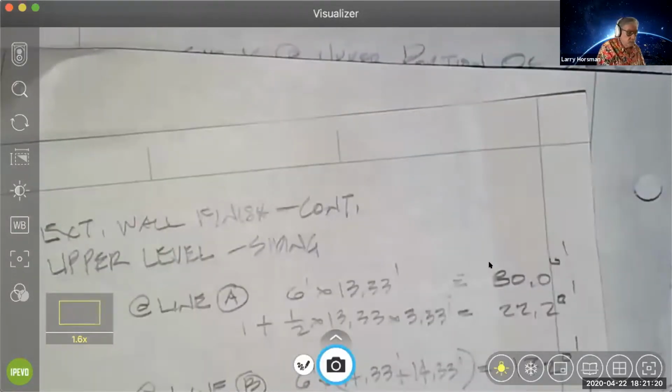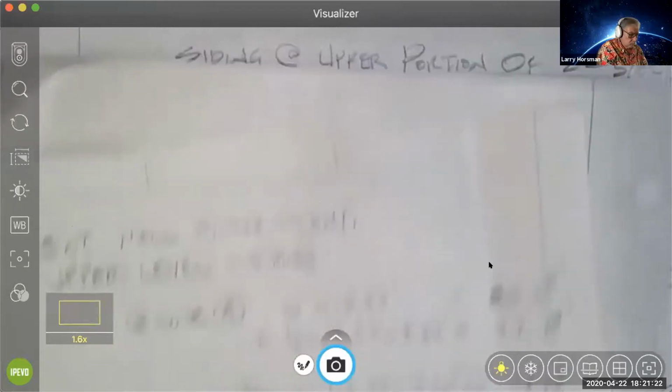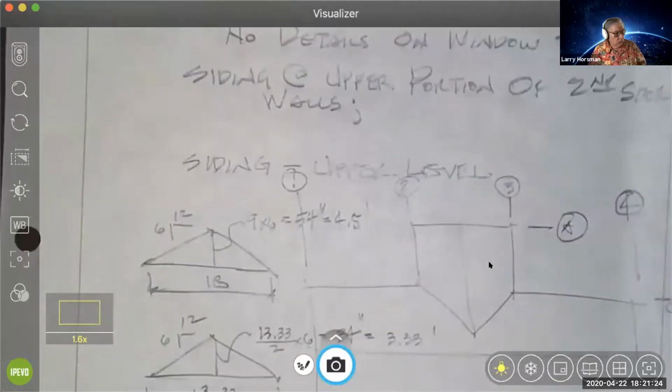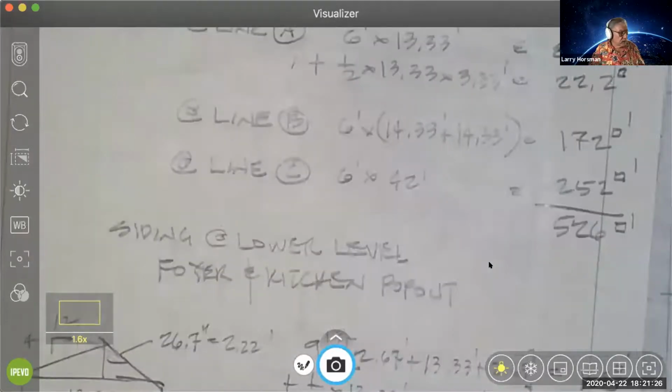So on the second floor, from about 3 or 3.5 feet above the floor, somewhere up there, the entire second floor, except at the area of the fireplace, is sided. I didn't deduct for the fireplace.